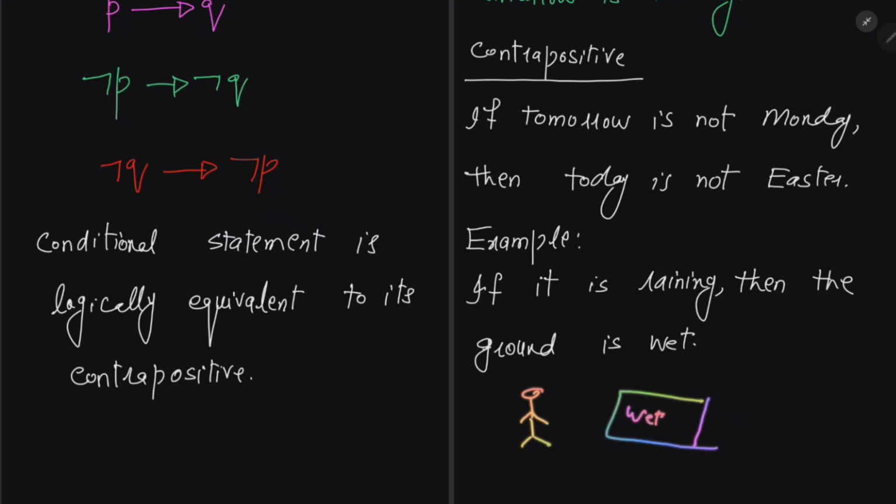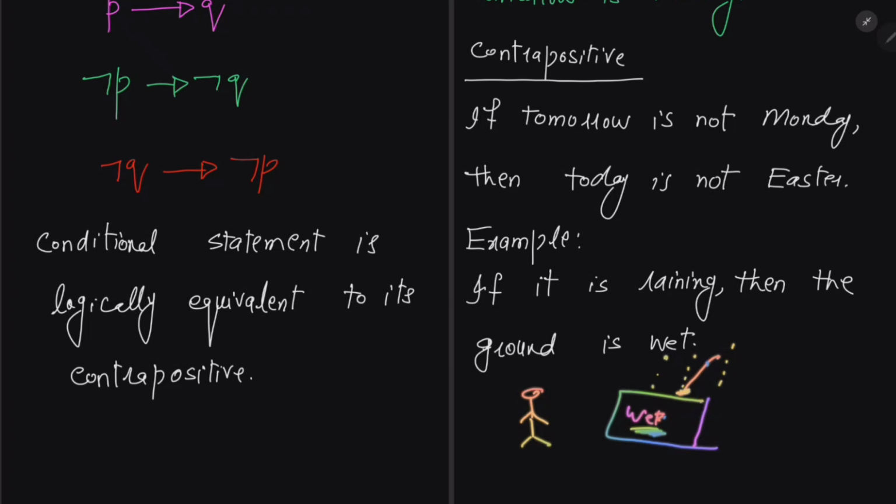The ground can be wet due to different reasons, but the most likely one is that it is raining. So if it is raining, then the ground will be wet anyway.